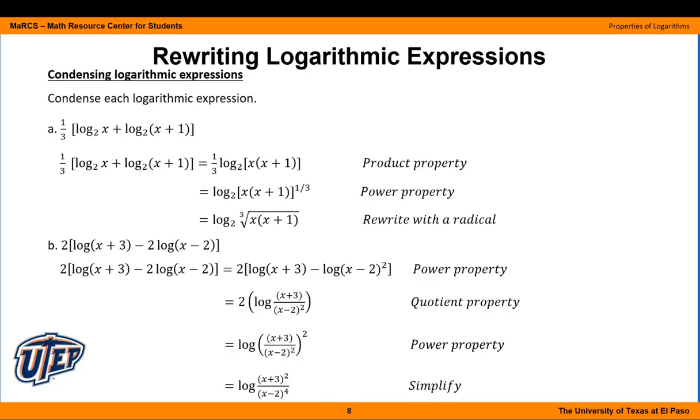And lastly, applying the power property, we get log of x plus 3 over x minus 2 squared, all squared. And finally simplify, we get log of x plus 3 to the power 2 divided by x minus 2 to the power of 4. And this is the condensed form.